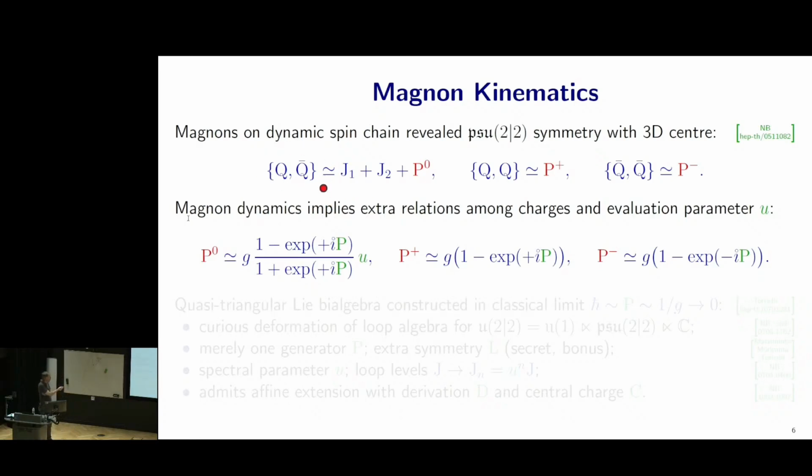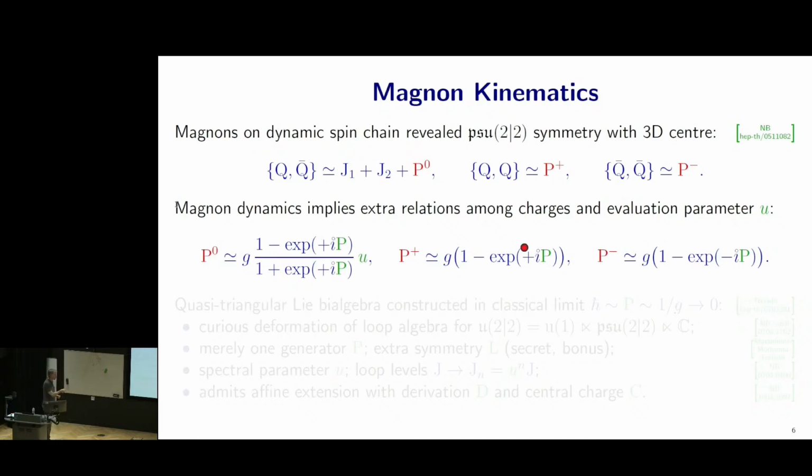Here, the usual QQ relation has an energy coming out, and the unusual feature for this dynamic spin chain was that you can also find non-trivial Lie brackets or supersymmetric Lie brackets for these supercharges of the same type. And that led us to this PSU(2|2) superalgebra for the Magnon picture with an additional three-dimensional center.